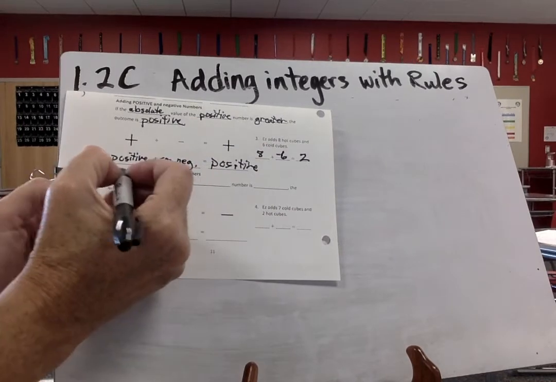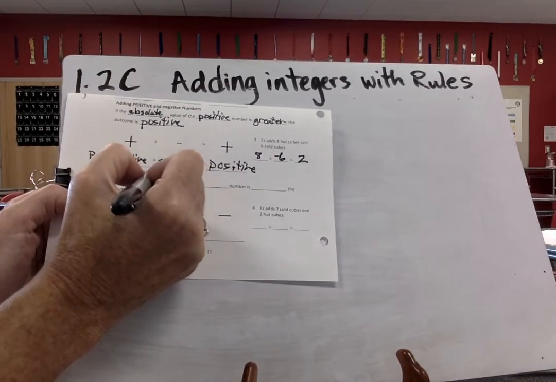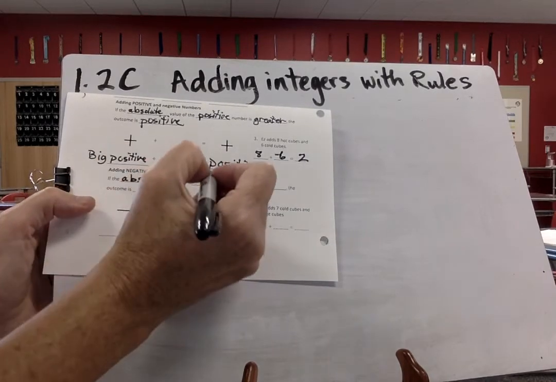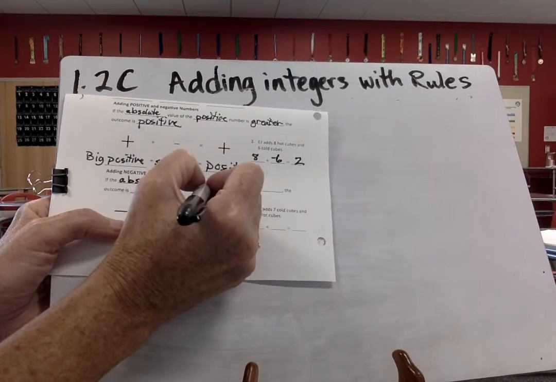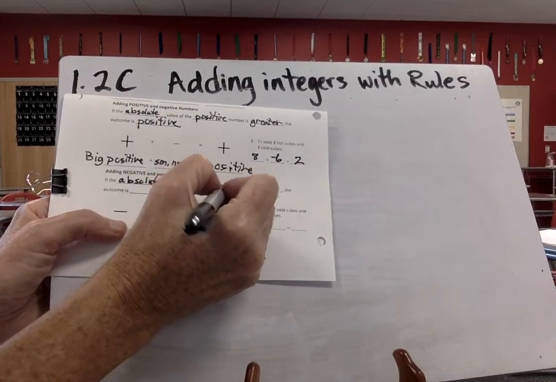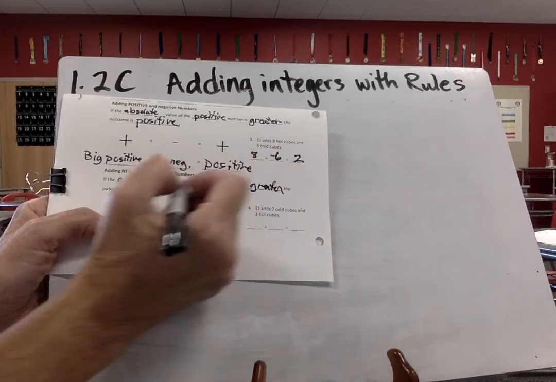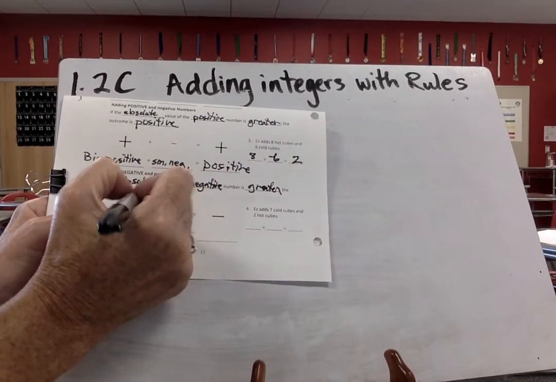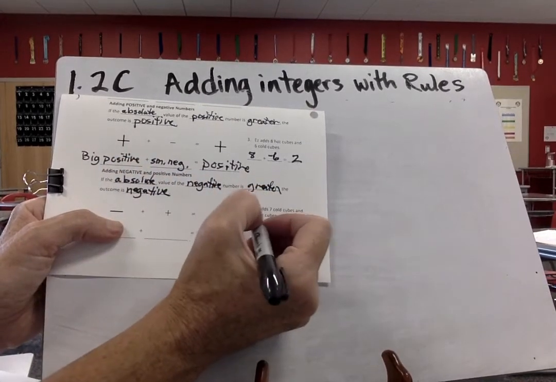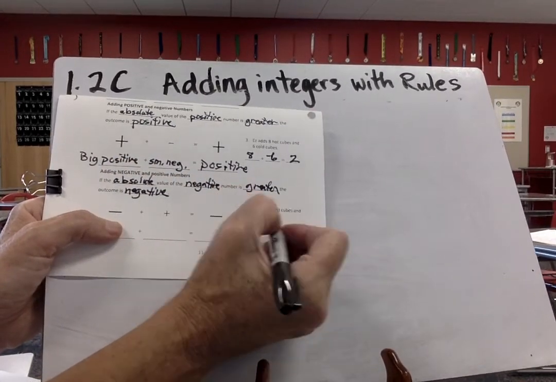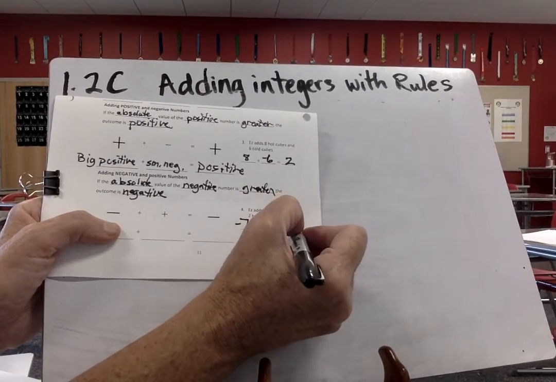Okay. If the absolute value of the negative number is greater, the outcome is negative. So if Ez has 7 cold cubes and 2 hot cubes, your answer is negative.